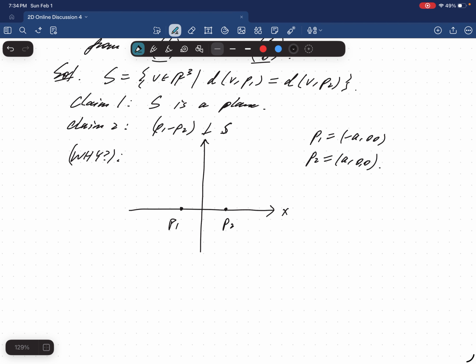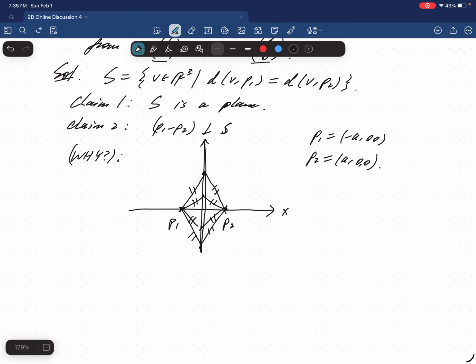And so why is the set of points that are equal distance from these two a plane? Because if a point V is in my set S, it means I can draw an isosceles triangle from my V to both these points, right? Because these represent the distance. So along this axis, I can go up and down, and so on and so on.